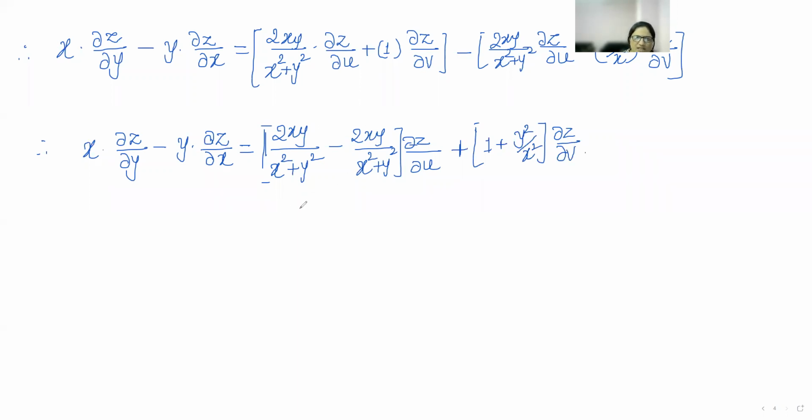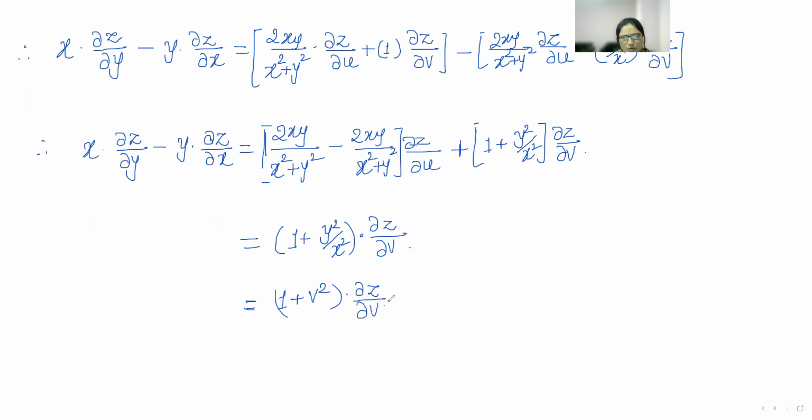For this bracket we are getting 0, and lastly 0 into dou z by dou u, that is 0. So here it is 1 plus y square upon x square into dou z by dou v. But as we know, y upon x is given as v. So in that case, we can put y square by x square as v square. So 1 plus v square into dou z by dou v. Hence the proof.